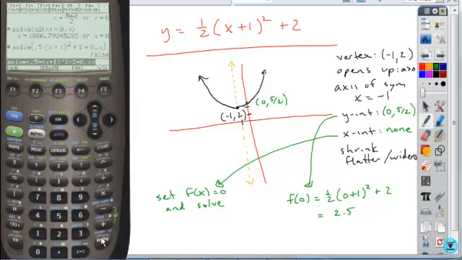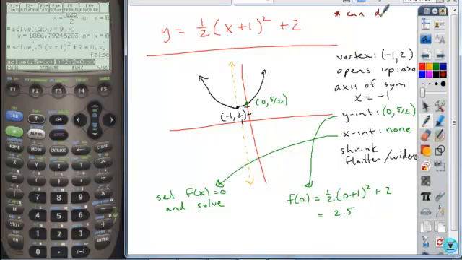It confirms that there are no x-intercepts, which again, from our graph, we expect to see. The other advantage to this is you can do this one by hand as well, right? Because we did all of this by hand. We didn't use our calculator until we confirmed our x-intercepts.